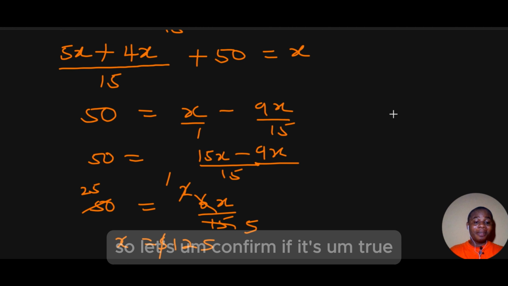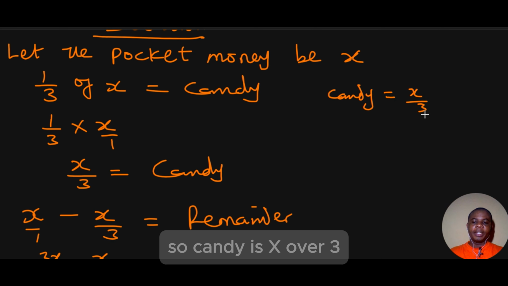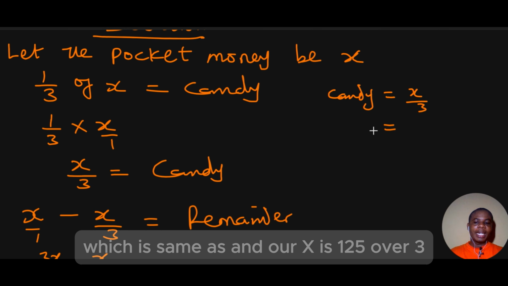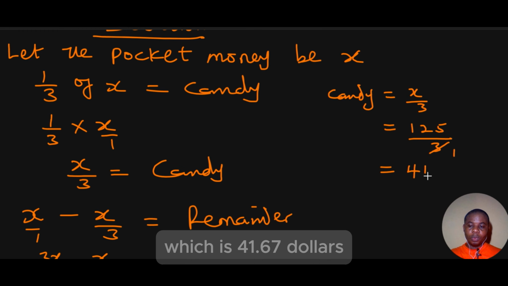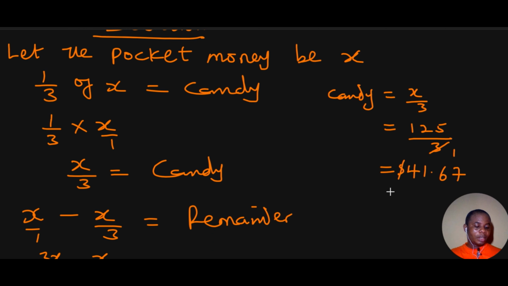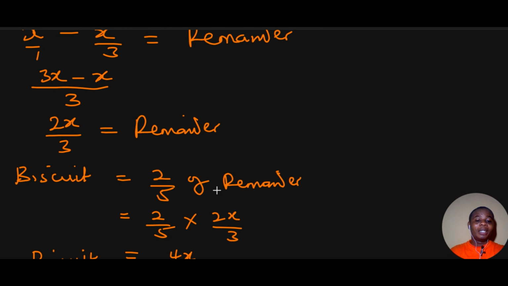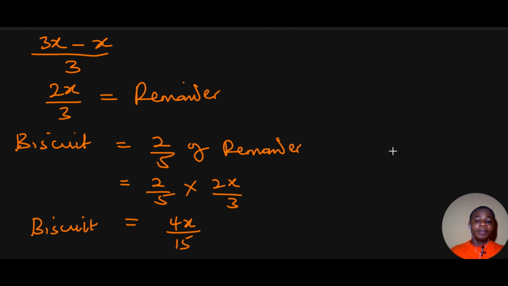So let's confirm if it's true. Candy is x over 3, and our x is 125, so 125 over 3 gives you $41.67. The next is biscuits, which is 4x over 15.